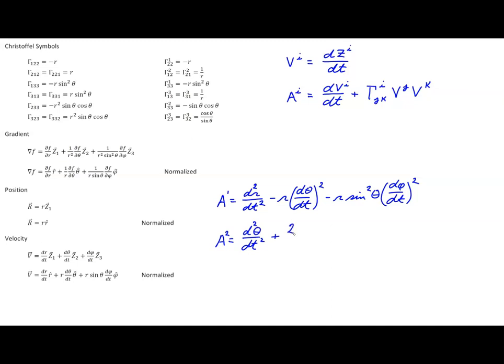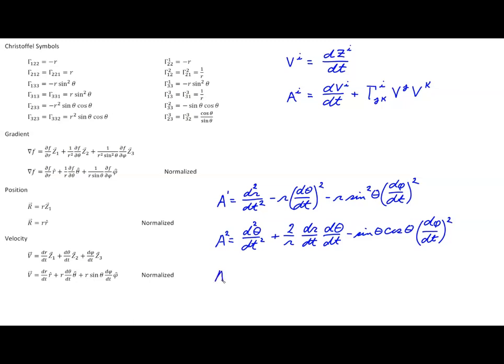So this is 2 over r, and velocity components v1 and v2. v1 is dr dt. v2 is d theta dt. Then gamma 2, 3, 3 will be minus sine theta cosine theta times velocity components v3 and v3. That's d phi dt, and there are two of them, so we'll square it.